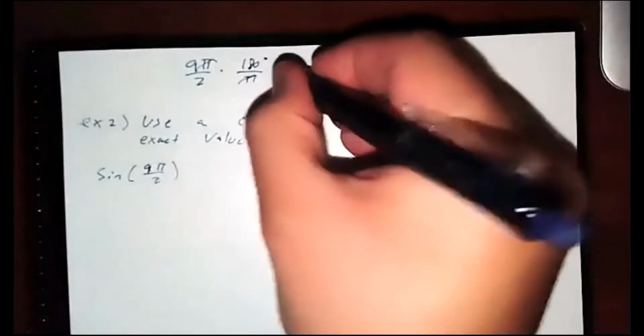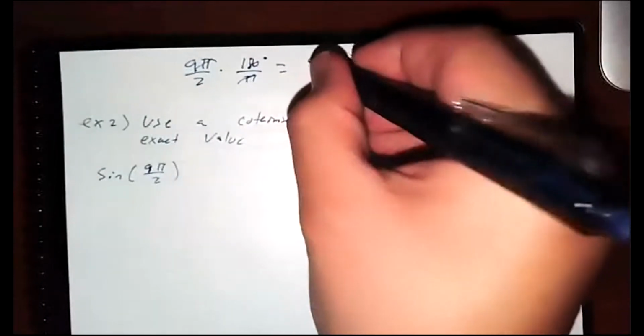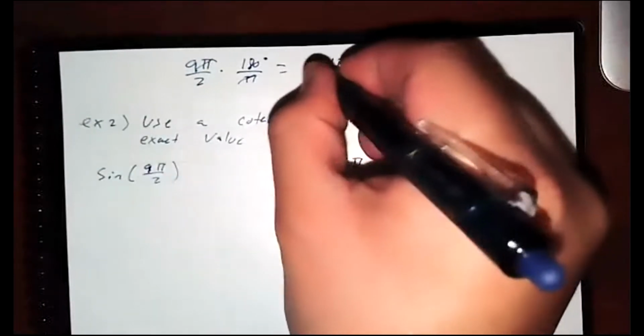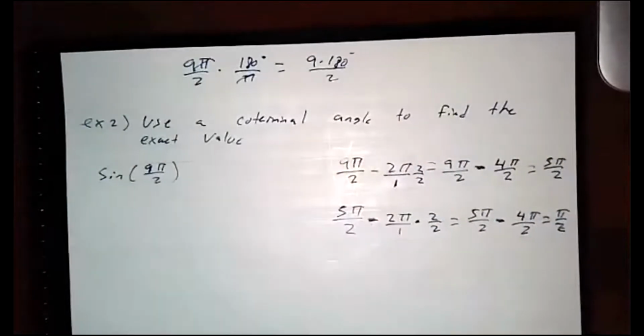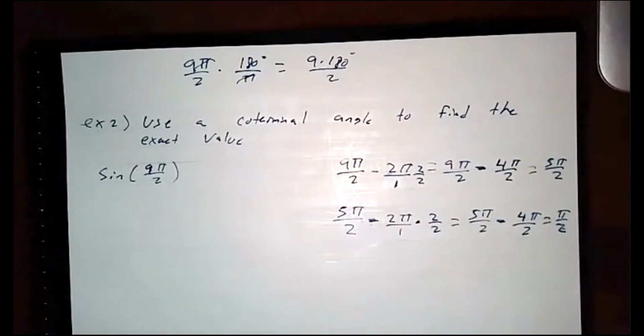That would give us 9 times 180 over 2, which is 360 times 4, right? 810.